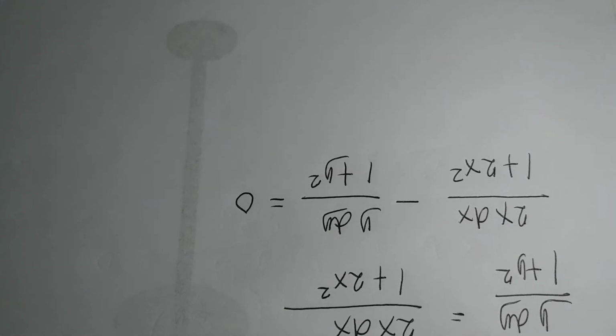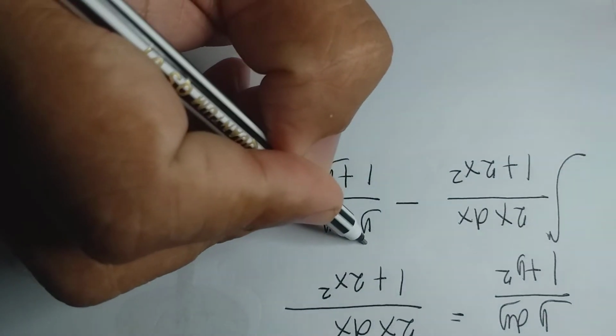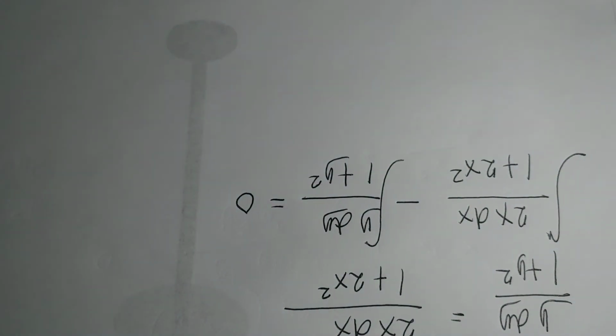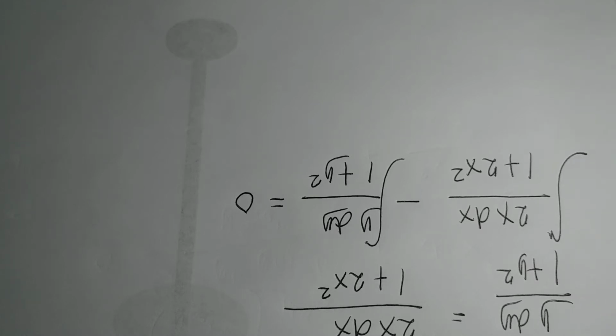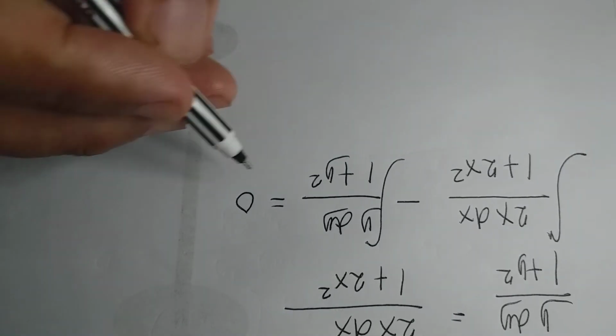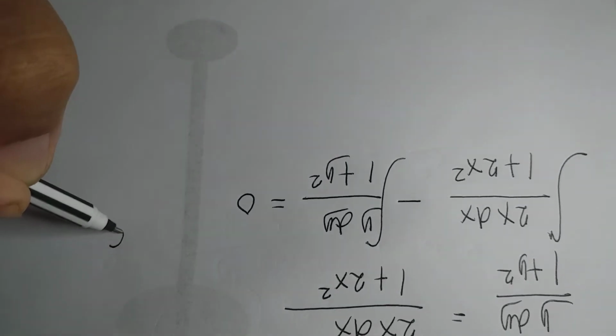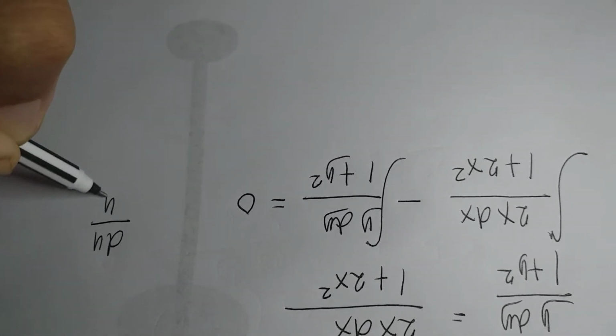So the next step is to integrate the equations. So what will be the integral of 2x dx over 1 plus 2x squared? In here, this is now in the form of du over u.